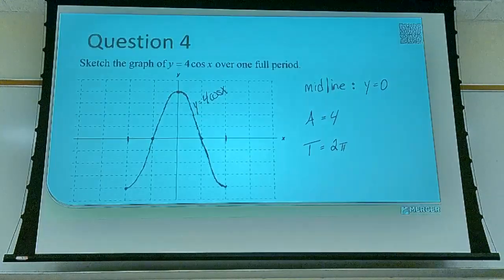Can't you just put another dot on the other side and just continue it up? That'd be more than one full period then. So maybe choose a different interval. I don't know, we could go minus pi over 2 to 3 pi over 2, if we wanted to.